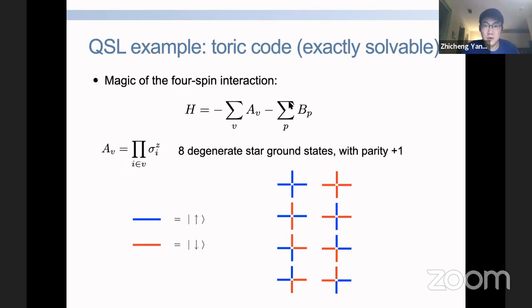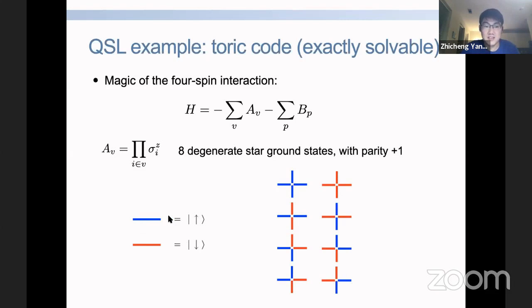Let's for the moment kill the B term. So we have a classical Hamiltonian in the Z basis. Now, the ground state, of course, has A equal to 1 for all vertices. So in terms of the microscopic spin degrees of freedom, there are 8 degenerate star ground states that multiply to +1.